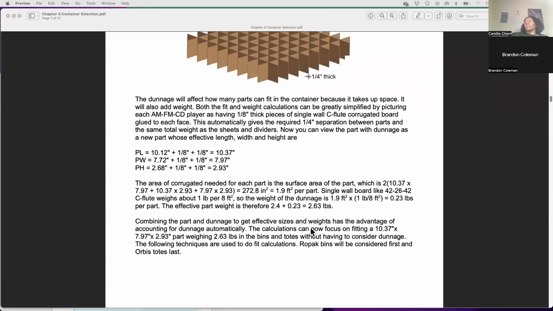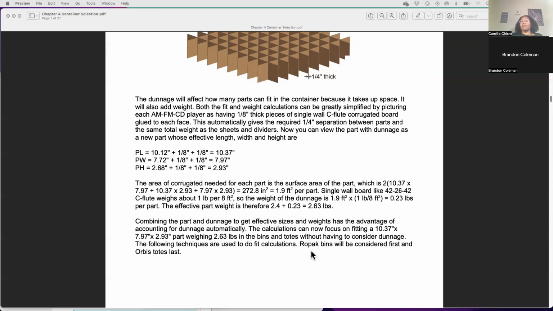Like I said, I'll go back over this again. But you're really doing this because by adding this in, you're already calculating your dunnage, because sometimes people will forget the dunnage. They'll just say, okay, this is a tote, and you see how much the tote weighed, and you're like, oh, the dunnage really doesn't weigh much, no big deal. But if you look at this dunnage here, by the time you do your calculations, it weighs 2.63 pounds.